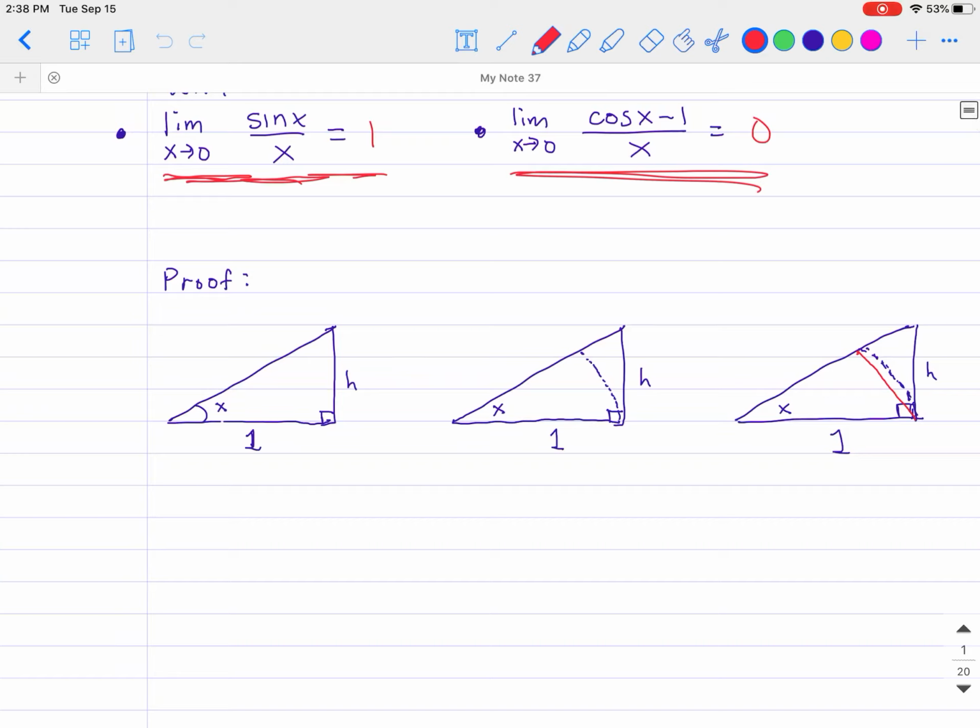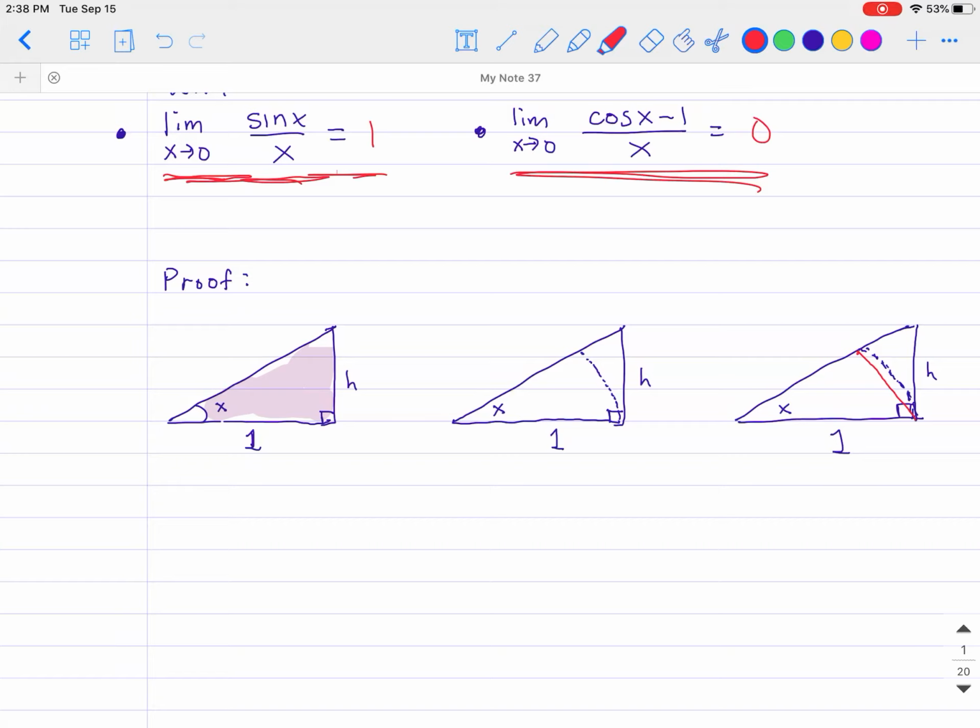Now let's go ahead and prove them so you can see why it works algebraically. So here underneath, what I did was I drew 3 triangles that are all congruent to each other. You can see that they have the same height, the same base, and the same ratio in terms of angles and sides. Now on the far left, I would like to solve for the area of this entire triangle.